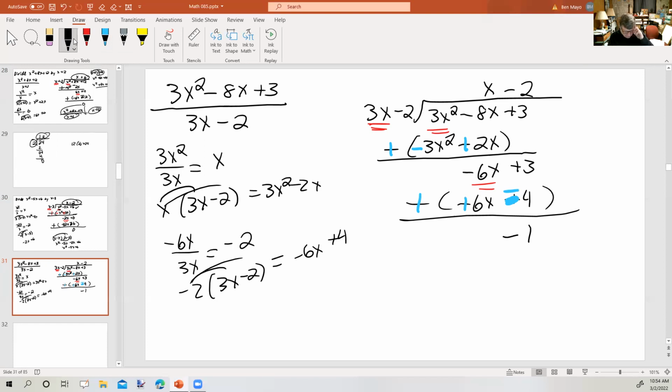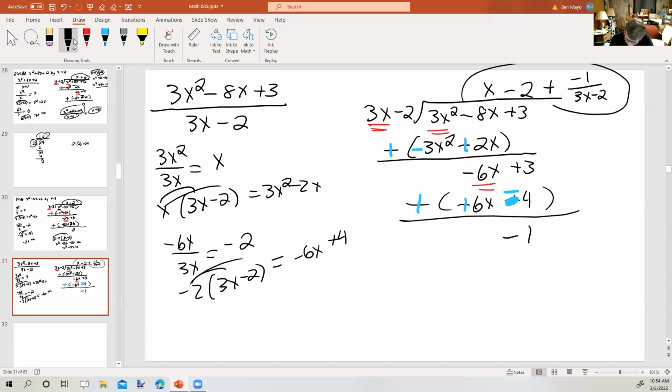Now, I've got my answer, x minus 2, and then plus my remainder, which is negative 1 over 3x minus 2. Now, some books will write the answer that way. Some books will write the answer that way.